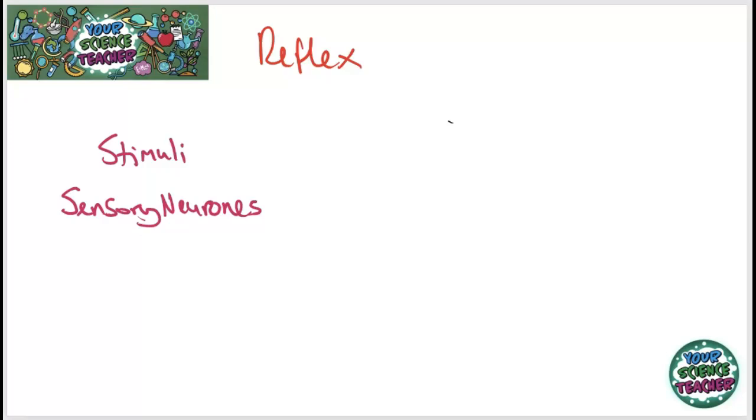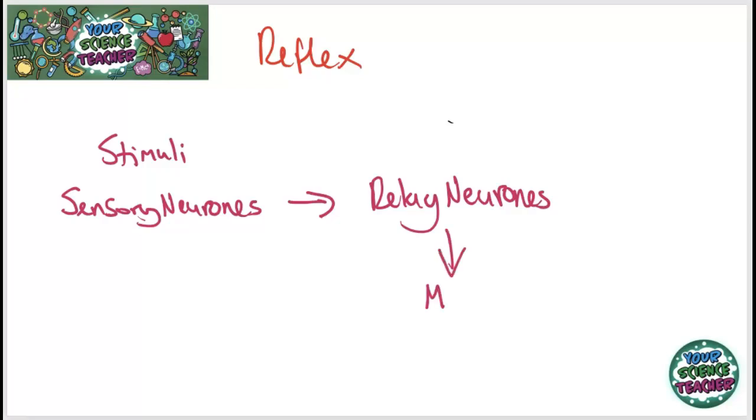After the sensory neurons, it travels down relay neurons, and we know now that the gap between these two different neurons is called a synapse. This is the key bit that's different to voluntary responses: it no longer travels to the coordination center, which is your brain. It will just go straight back to your effectors, and it travels to your effectors via motor neurons.